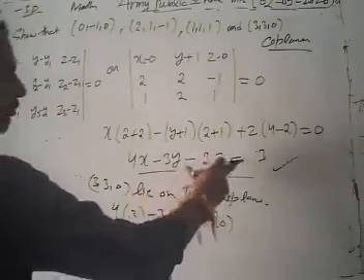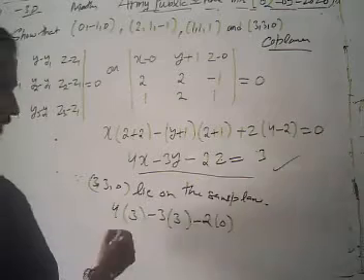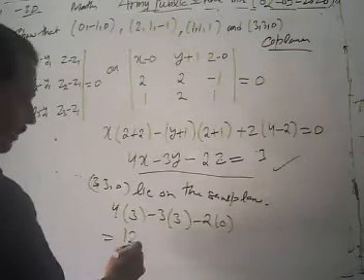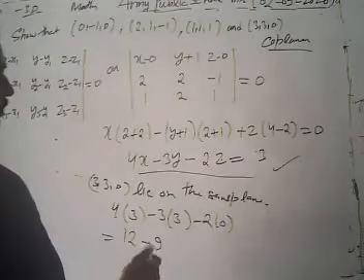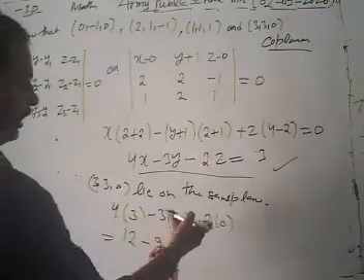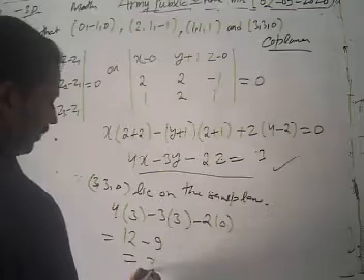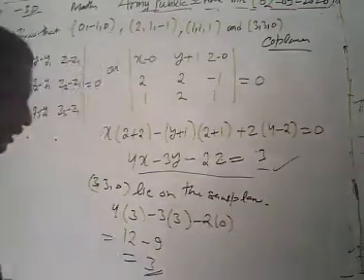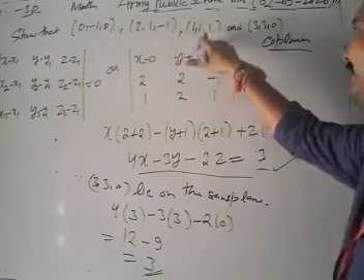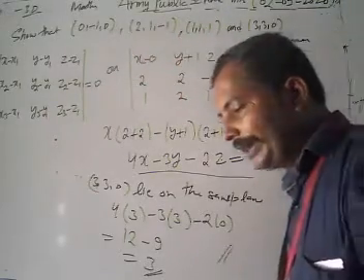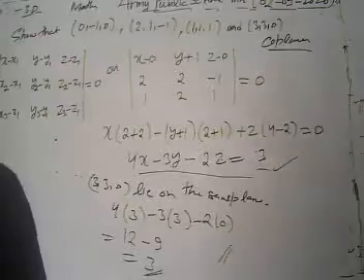After solving this, we get 12 minus 9 and 0. Yes, what do we get? We get 3. Then the points A, B, C, D: the given points A, B, C, D are coplanar.